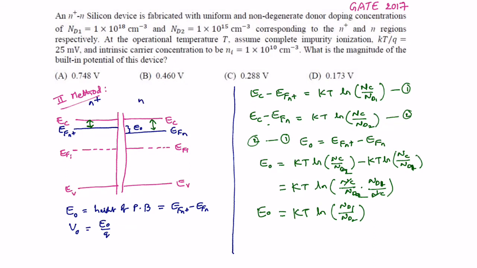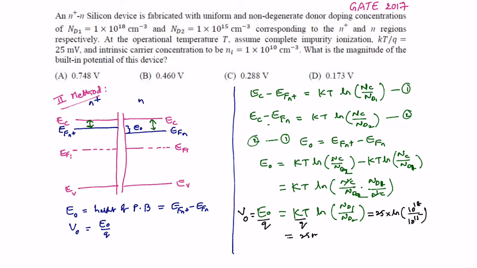This is E0, and what we require is V0. V0 is equal to E0 by Q, that means KT by Q, which is given as 25 millivolts into natural logarithm of ND1 is 10 power 18 divided by 10 power 15.